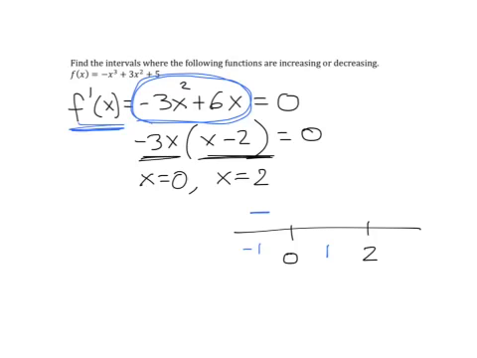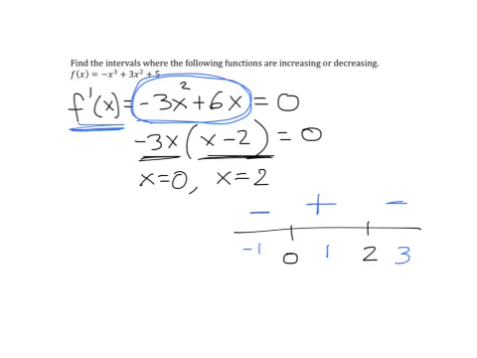If I pick 1, the first thing will be -3 plus 6, that's positive. Over here, let's pick something like 3. So then 3 squared is 9. 9 times -3 is -27 plus 18. That's going to be a negative sign.